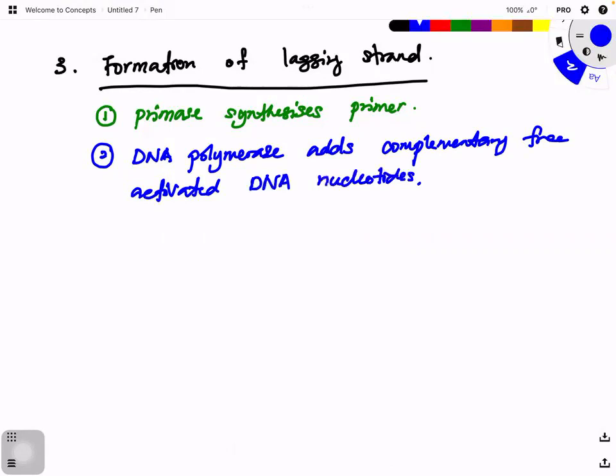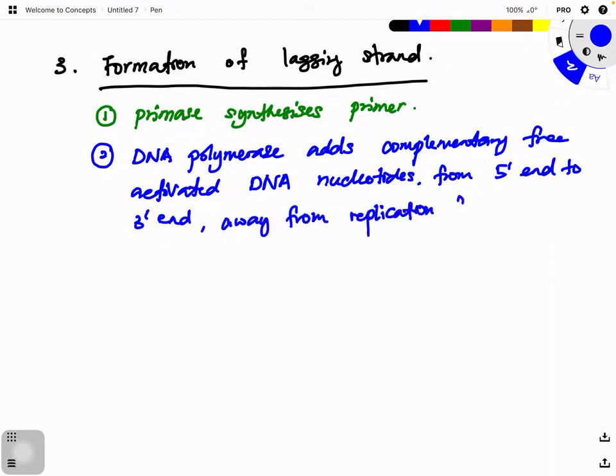Direction still the same, from 5' end to 3' end, away from the replication fork, forming Okazaki fragments.